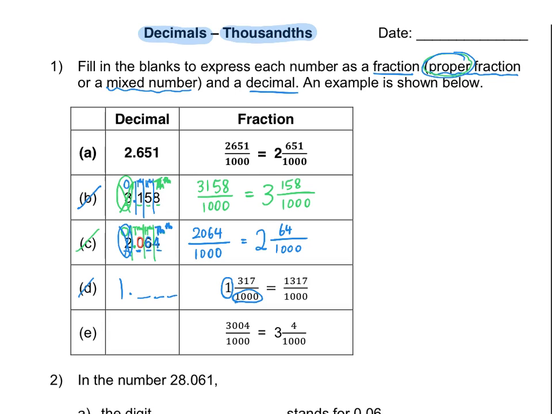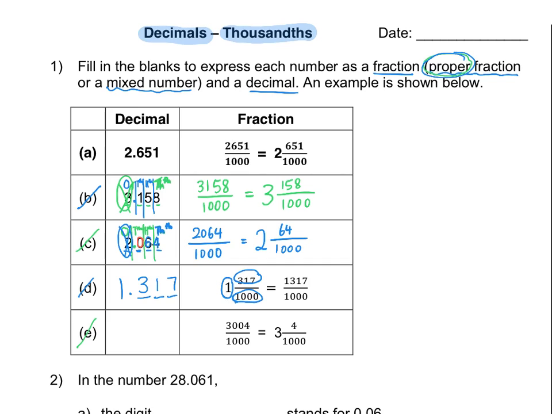Because it's up to 1,000, the smallest place value has to be the thousandths place. Now we look at the numerator, which is 317. It fits nicely. So the answer for part D should be 1.317.